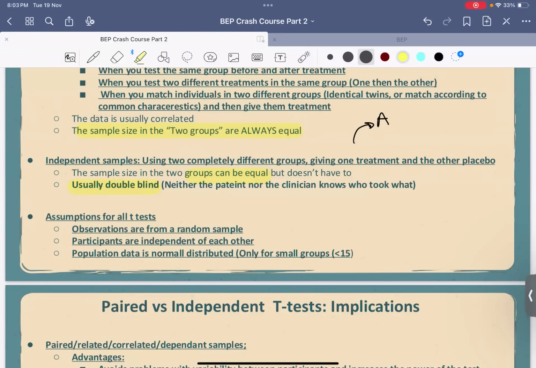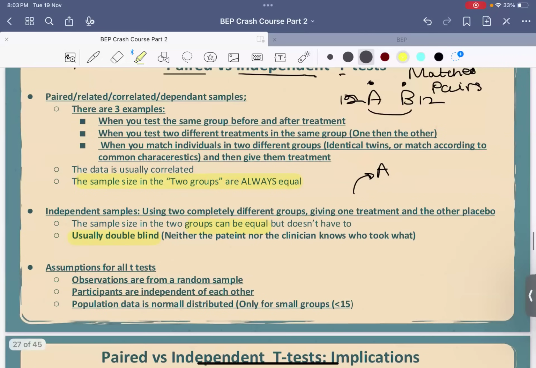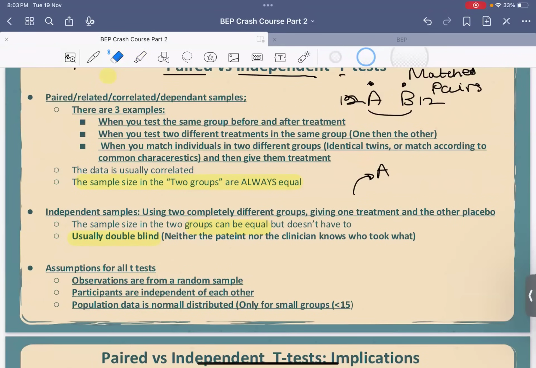I'll give the placebo person the drug, and the other guy that I don't like, I'll give the placebo, thinking that I'll benefit the guy I like. And that's bias. So that's why neither I nor the patient should know if they're getting placebo or treatment, to eliminate bias.